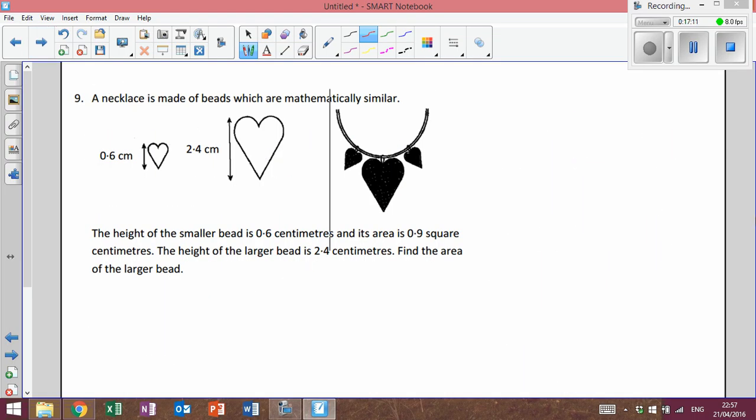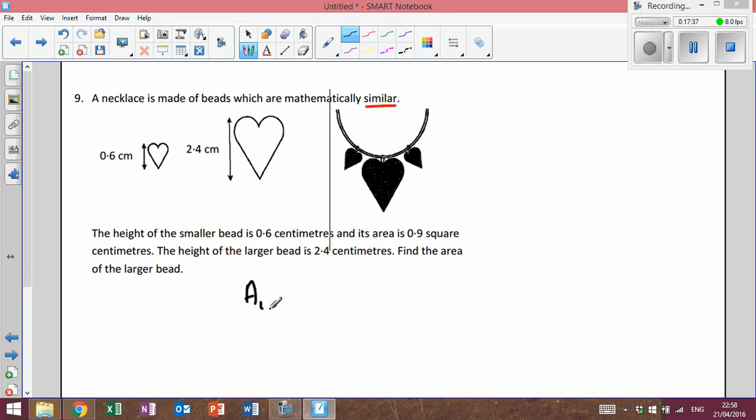Okay, 9. Oh, brilliant. Straight away, it's telling us the type of question. Mathematically similar. We know we're using similarity, which means we know we're using our scale factor. Okay, so the height of the smaller bead is that, and its area is 0.9 square centimeters. The height of the larger bead is 2.4. Find the area. So we're looking for area. Similarity means we're getting the scale factor.